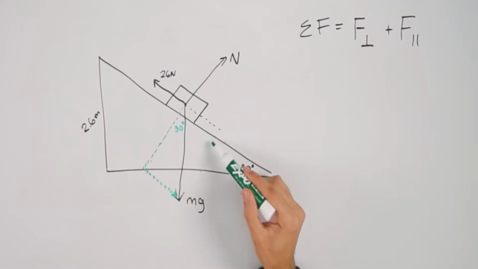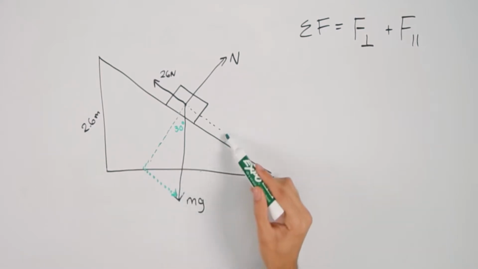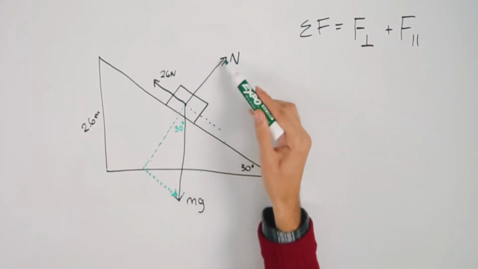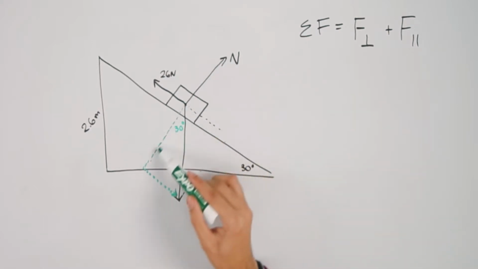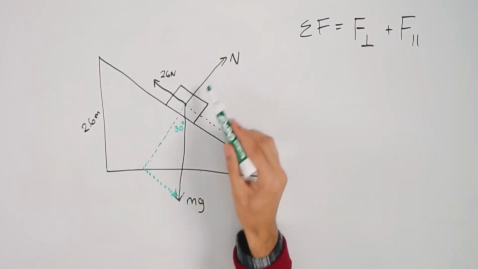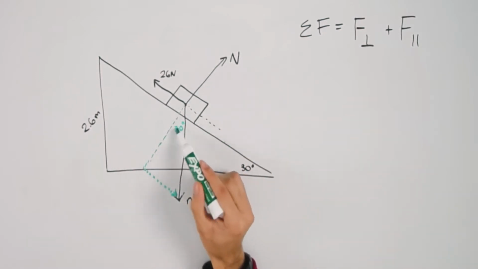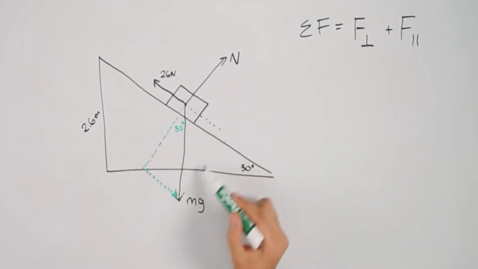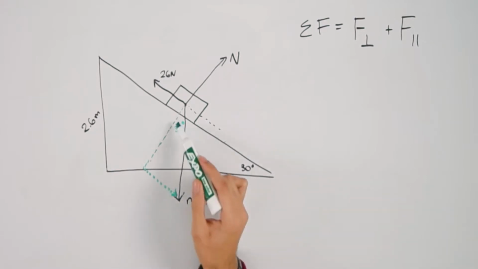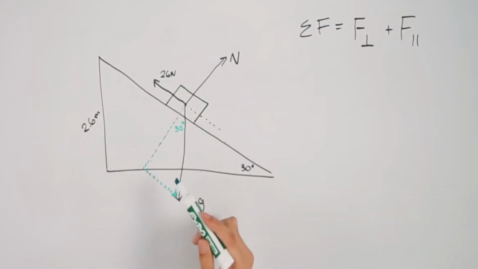So my downward line won't be on this side, but instead it will be joining and connecting straight from the normal line, like this. That way you can just memorize that if you draw it like this, the 30 degrees will always be in the top corner. Because if you drew it the other way, then the 30 degrees ends up in the bottom corner. But if you draw it this way, the 30 degrees always ends up in the top corner, and you don't have to do a little bit of complicated trigonometry to work that out.